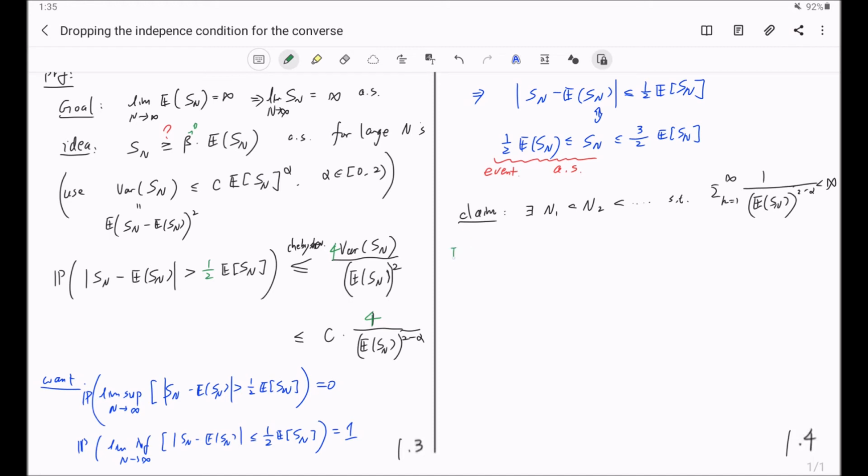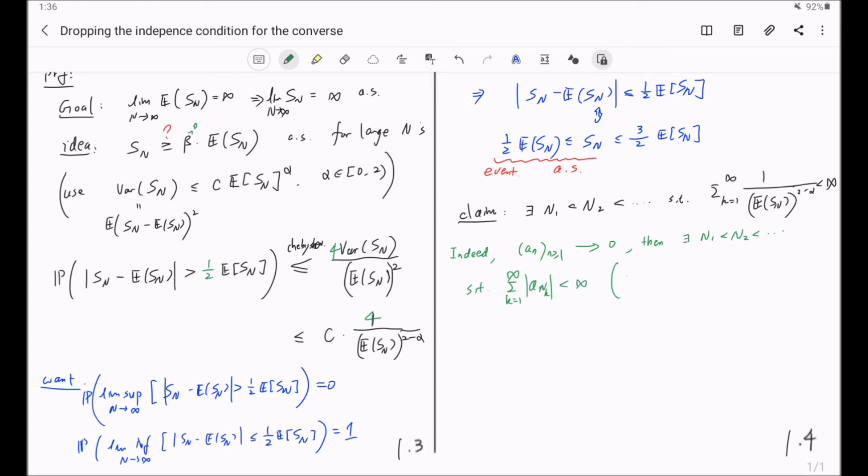The reason is that actually something more general is true. If we have a sequence a sub n going to infinity, converges to 0, then you can always choose a subsequence such that the summation of this subsequence is absolutely convergent.